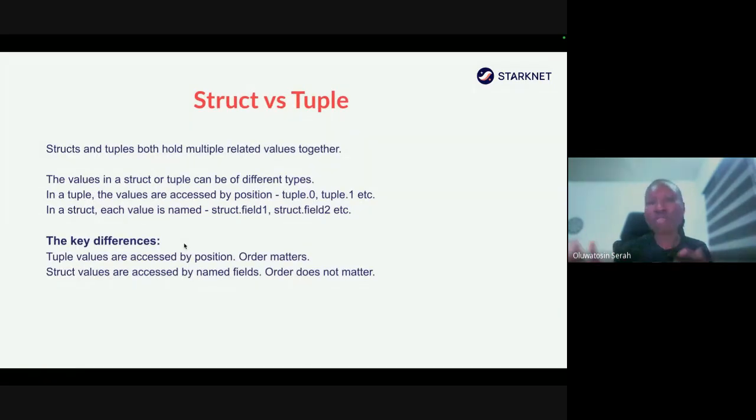So struct versus tuple. Struct and tuple are kind of similar because they both hold multiple related values together. The values in a struct or tuple can be of different types, right? In a tuple, the values are accessed by position, so you do tuple.0 as if you're indexing.